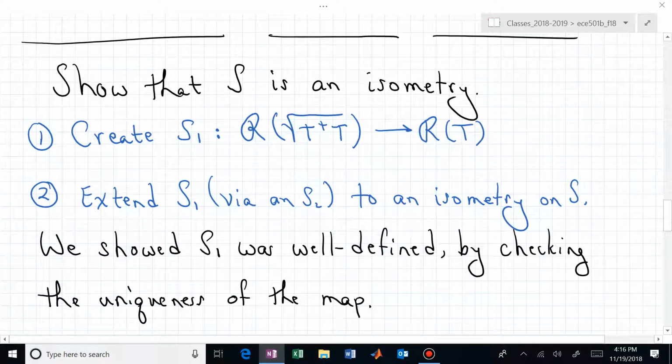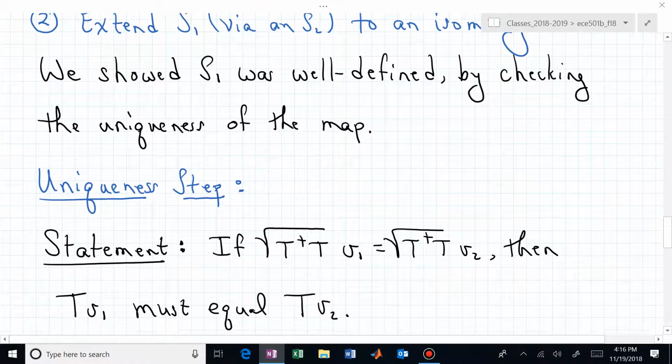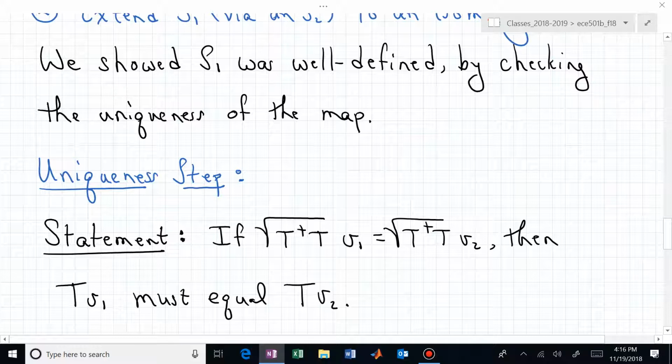I think in the previous lectures that you've watched, we showed that S sub 1 was well defined by checking the uniqueness of the map. What does that mean? Here is the uniqueness step. If we have two vectors, v1 and v2, and we map them through this positive operator, square root of T dagger T, and the results are equal, then Tv1 must equal Tv2.